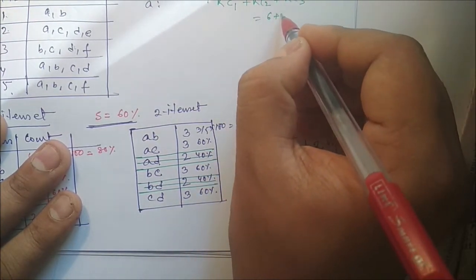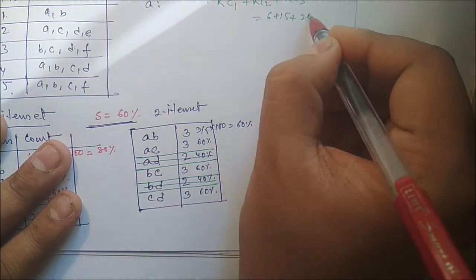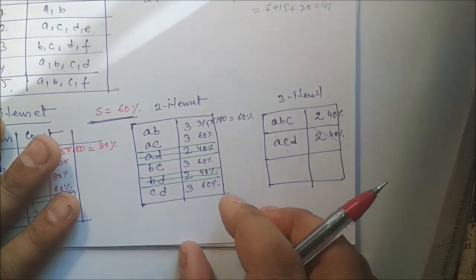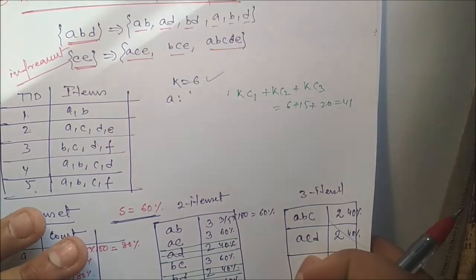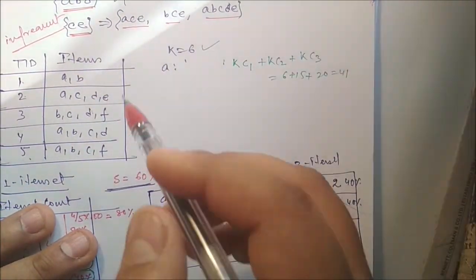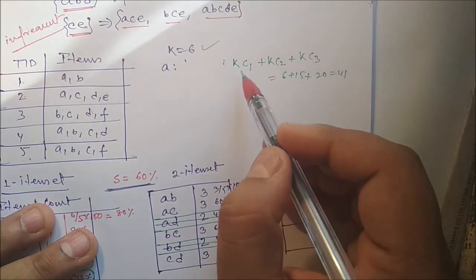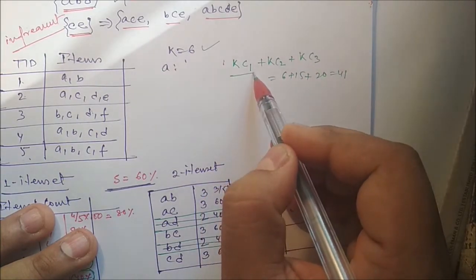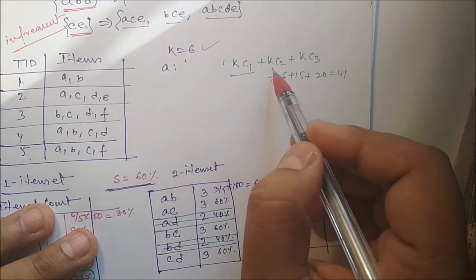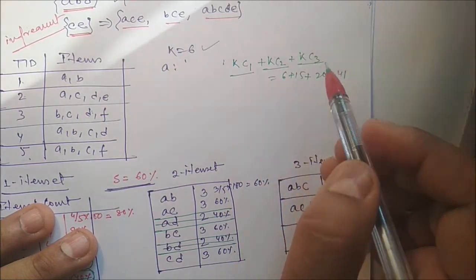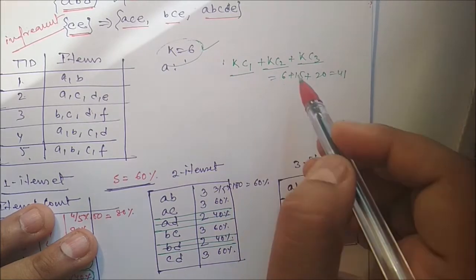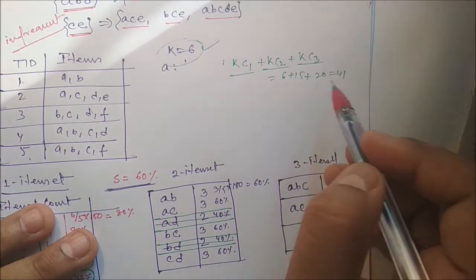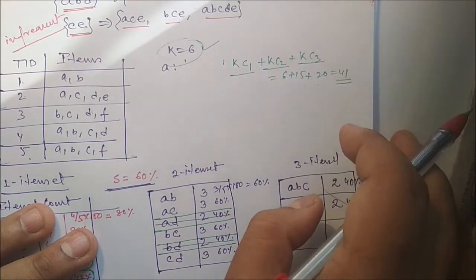So if K is equal to 6, 6C1 is 6, 6C2 is 15, 6C3 is 20. So total 41 combinations must be there.